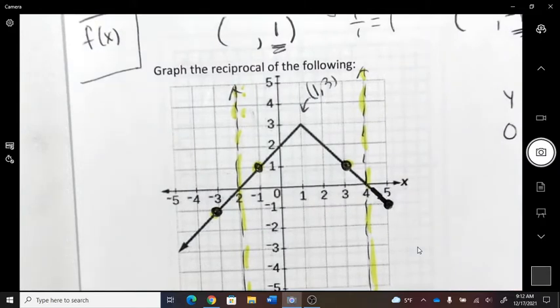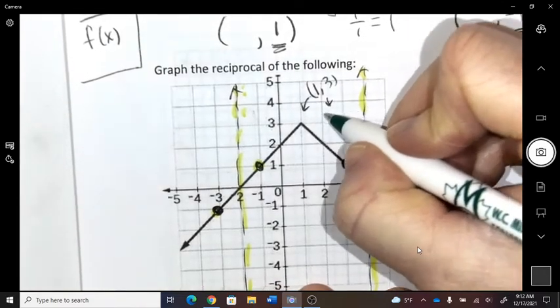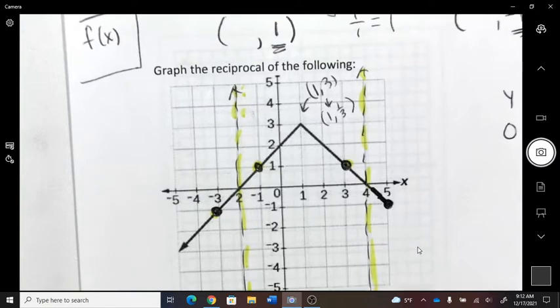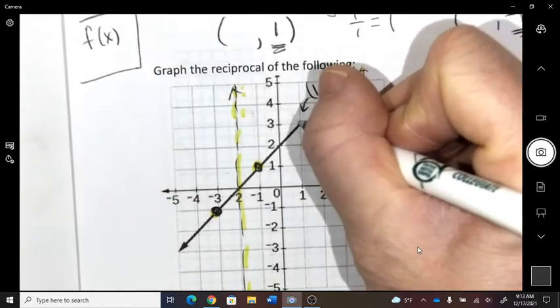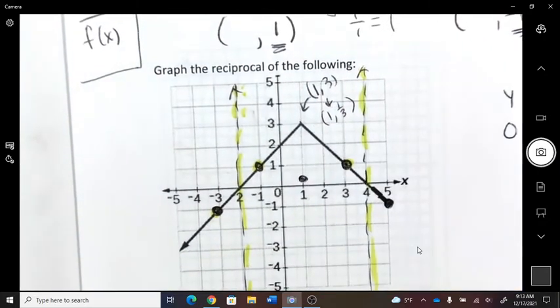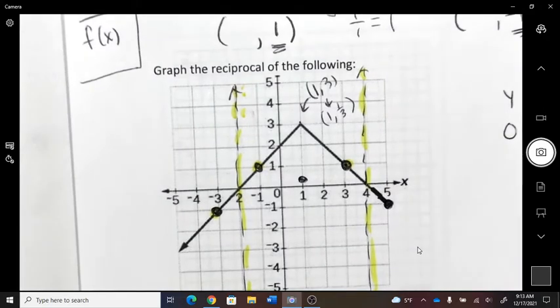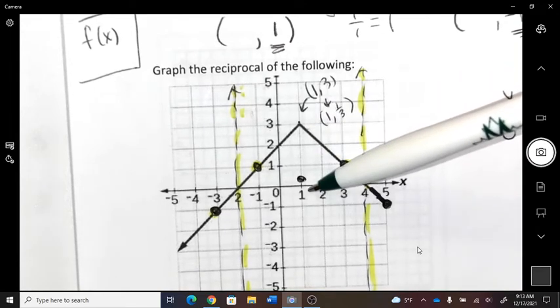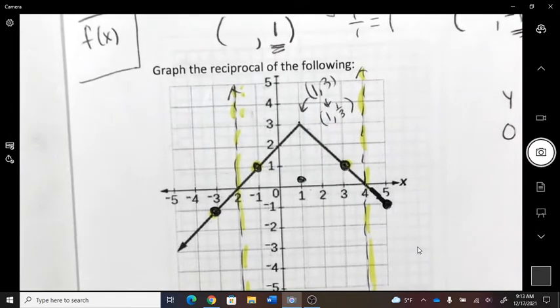Where am I going to move that coordinate to? So I'm going to move it to a coordinate 1, 1/3. So instead of a height of 3, it's going to be a height of 1/3. So it was the highest point in this section, so now it's going to be the lowest.